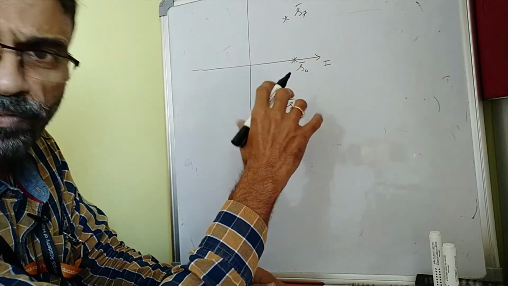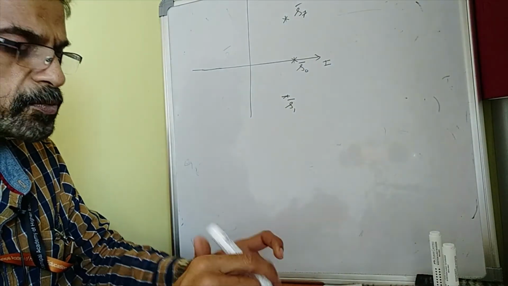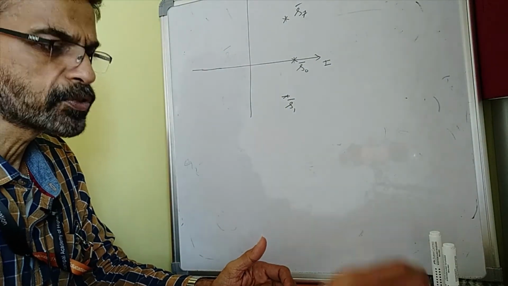The bifurcation of the region, the division of the signal space into decision regions, was shown a short while ago.